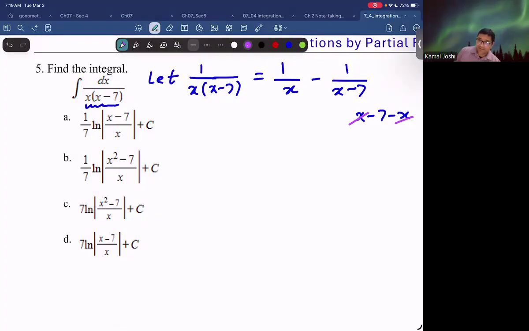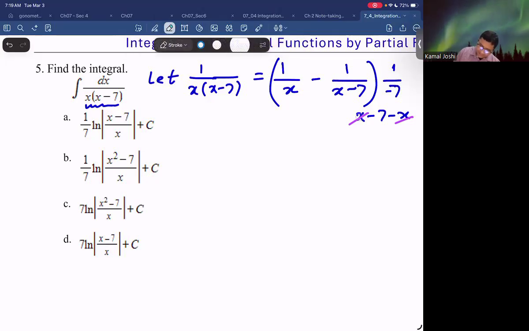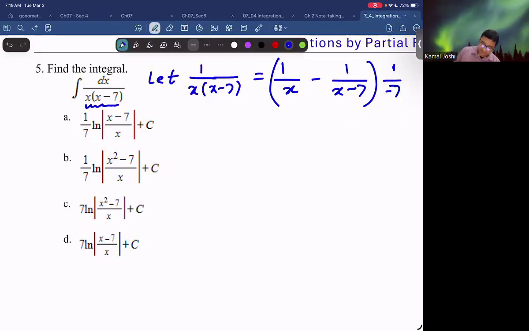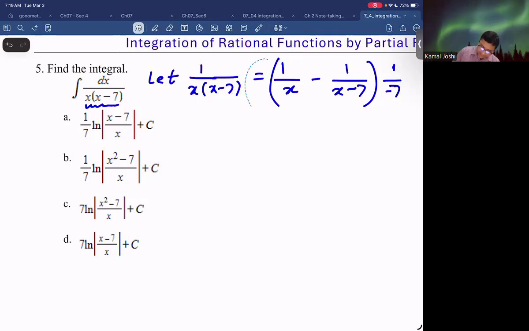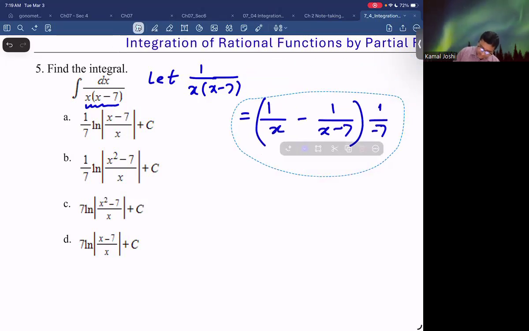But then I will have minus 7 in the numerator, which means I need to balance it out. I need to multiply this whole thing with 1 over minus 7. So I'll have 1 in the numerator, that is basically the factoring. But sorry, I should not have written it there. I know this is going to be my final answer. I'll write it here.